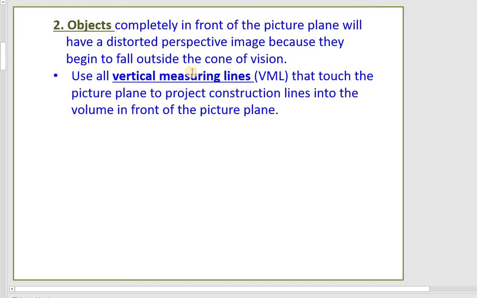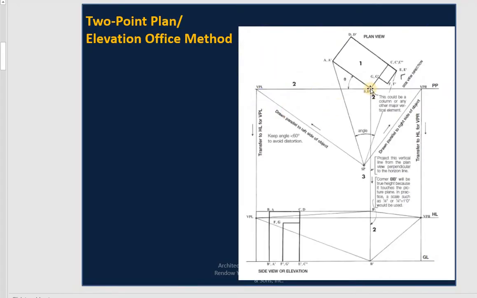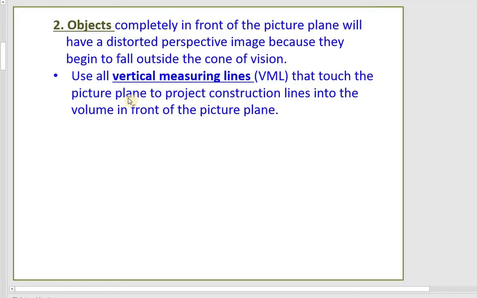Like before, you say vertical measuring line. That means the line in the projects right here, the one from the object. They cut or they touch the picture plane. You drop down this one to the round line, and this line you call the measuring line.